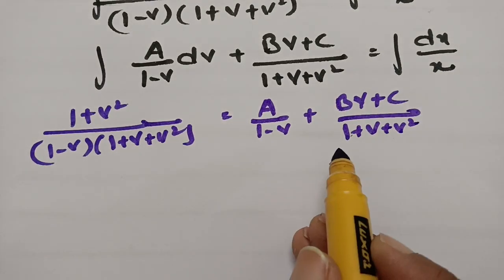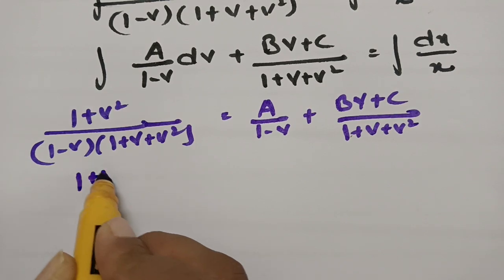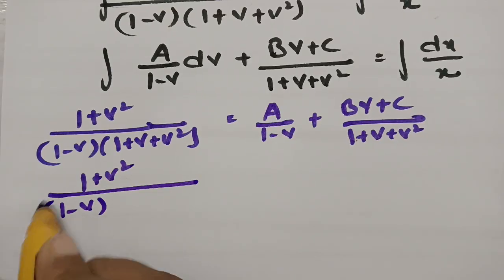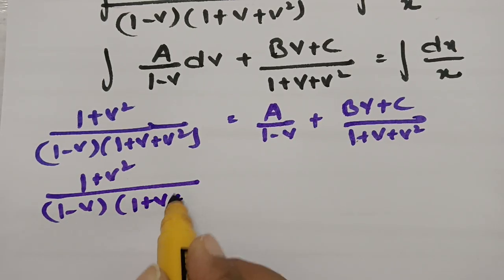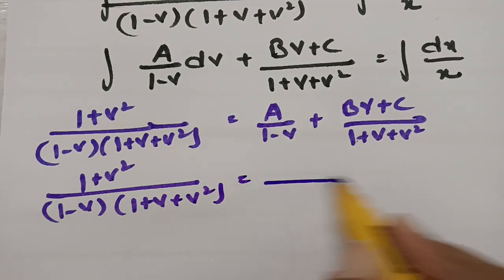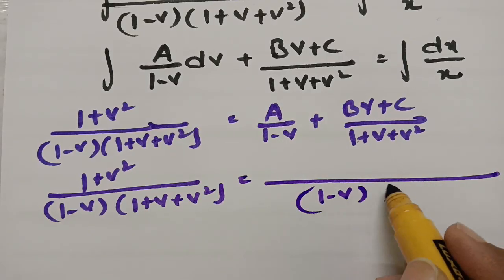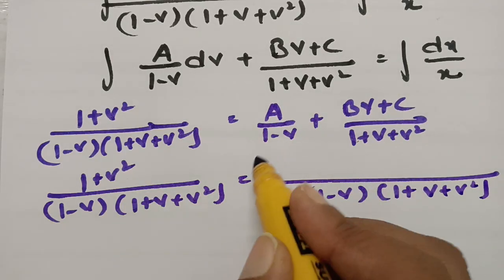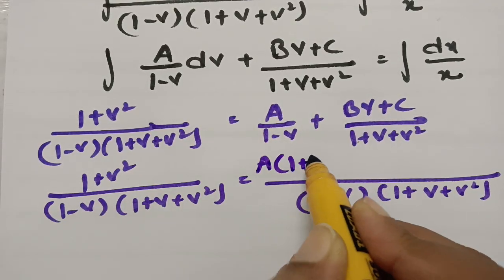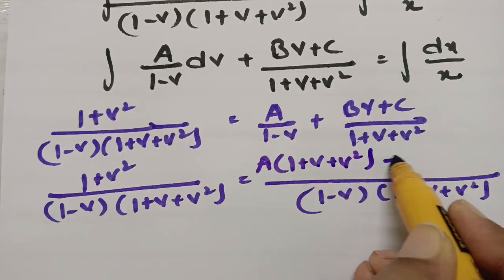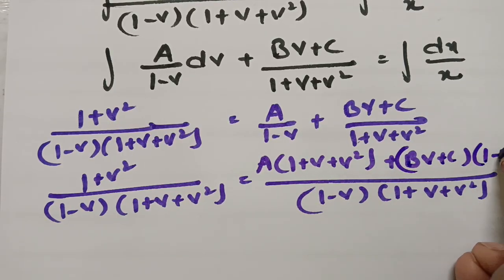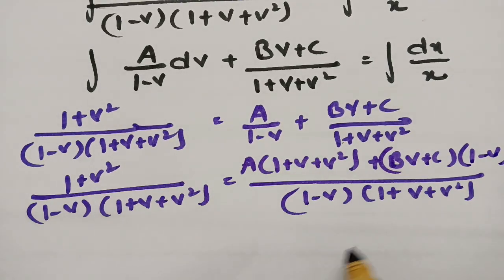Therefore, if I take the LCM and cancel, this will become (1 plus v square) into (1 minus v)(1 plus v square) equal to, if I shift, A times (1 plus v square) plus (Bv plus C) into (1 minus v).